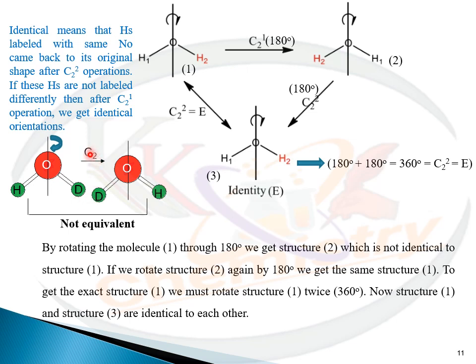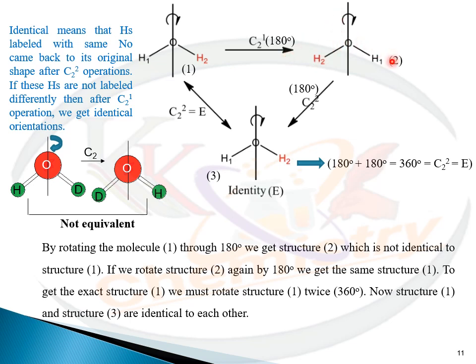If we perform a C2 operation by 180 degrees, we get deuterium on our left side and hydrogen on our right side. These two structures are not superimposable because here are deuteriums and here are hydrogens, so these are not identical as well as non-equivalent.